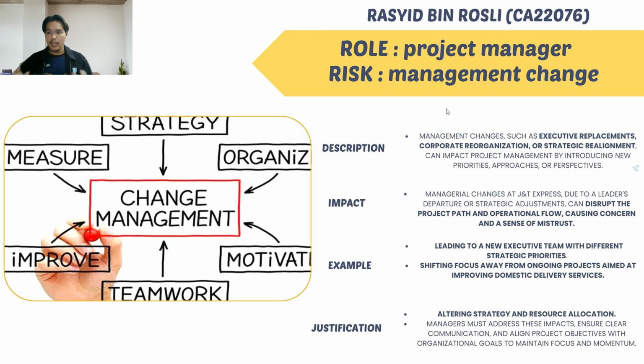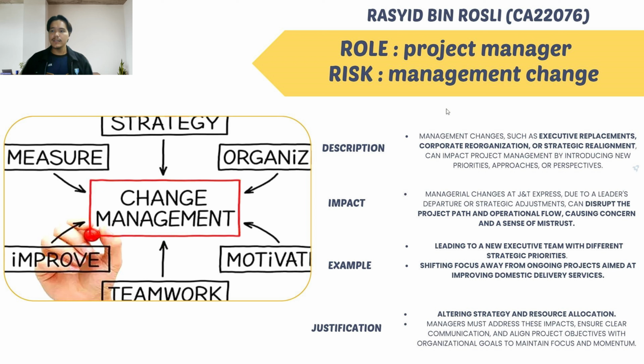For example, new leadership can bring different priorities, approaches, and perspectives that diverge from the previous management's vision. The impact of management change is defined by a leaving leader or strategic adjustment within the company, which is JNT Express.